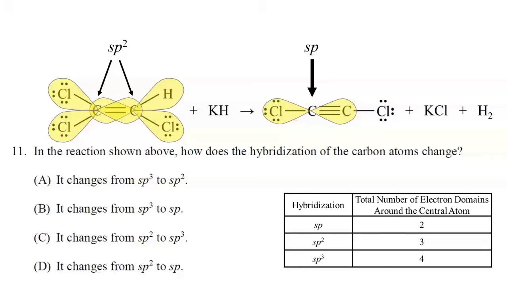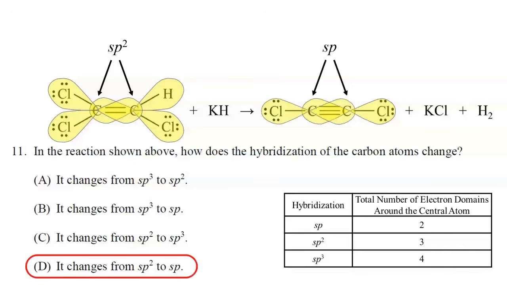So 2 bonding domains, that would be sp, and the other carbon in that same molecule also has 2 bonding domains, sp. So the answer to this question is that the hybridization is changing from sp2 to sp for those carbon atoms. So the correct answer is D.